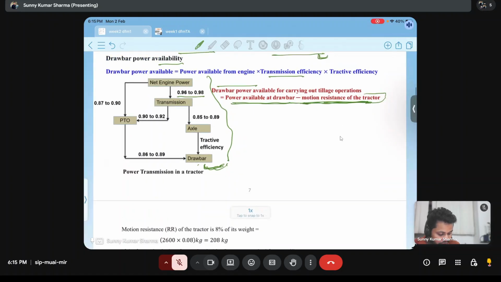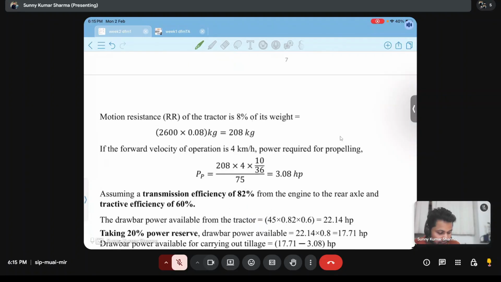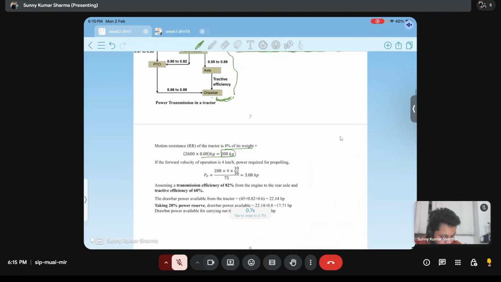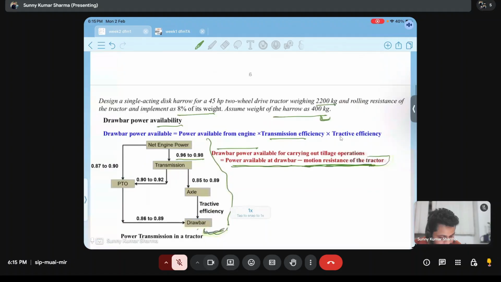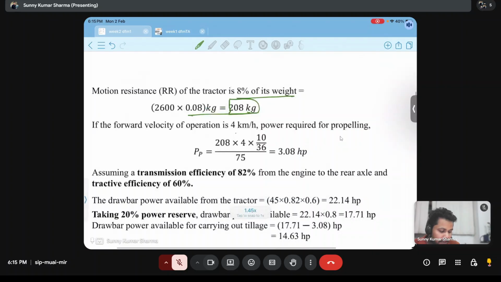So we will take some value and proceed. For motion resistance, it is 8% of total weight of tractor, so that will come as 208 kg. As it is not given in the question, we will assume that this implement is operating at a speed of 4 km per hour.